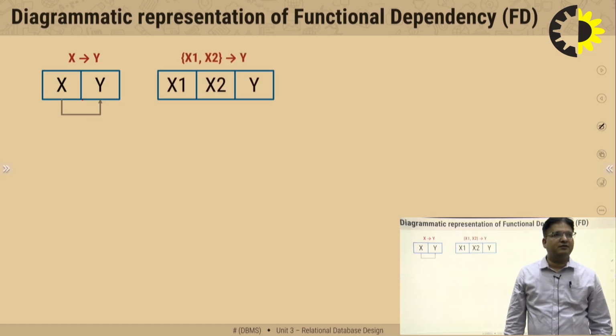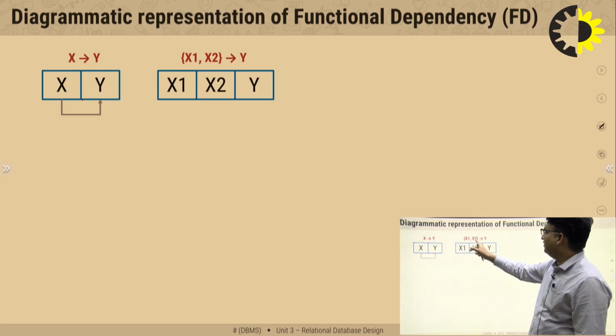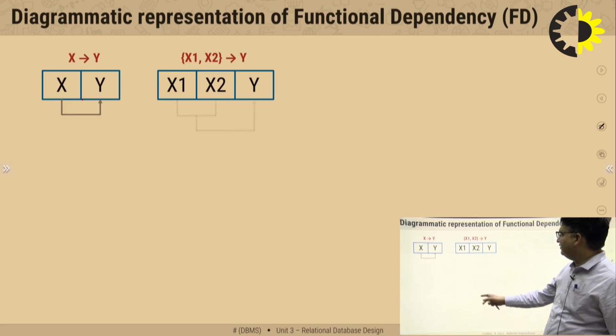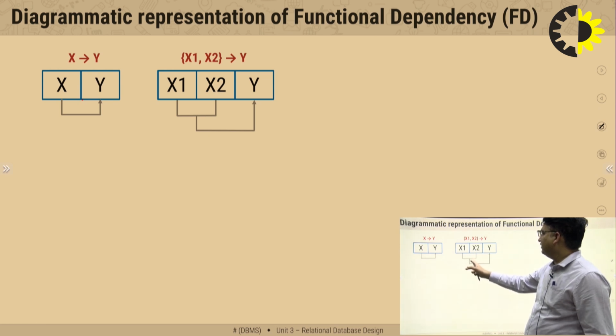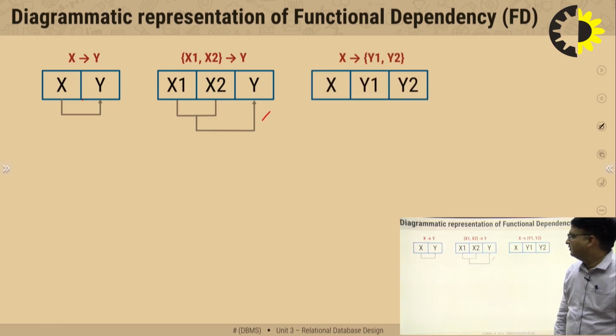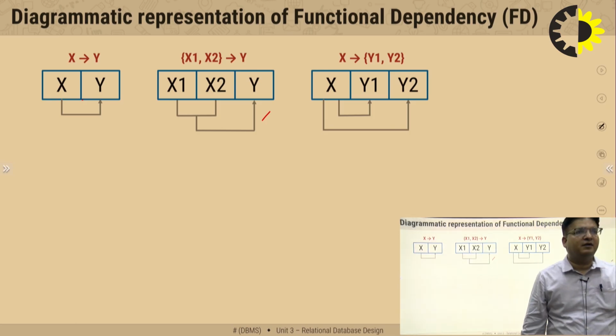Next representation is when x is composite, meaning x is having two attributes x1 and x2 which are determining y. Two arrows will come from x1 and x2 and combinedly they will determine y. Next, x is determining y1 and y2. This is how we represent x determining y1 and y2.